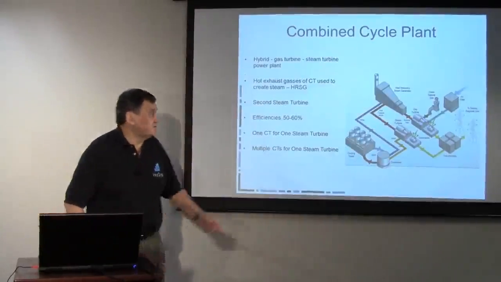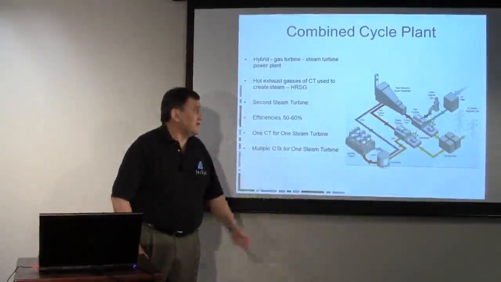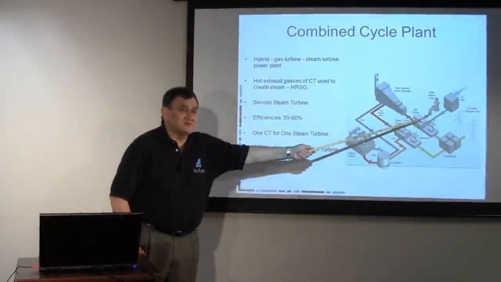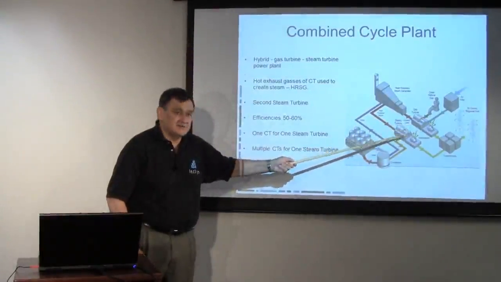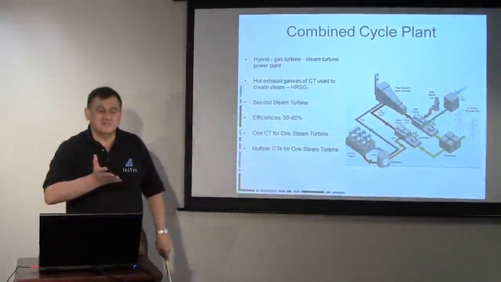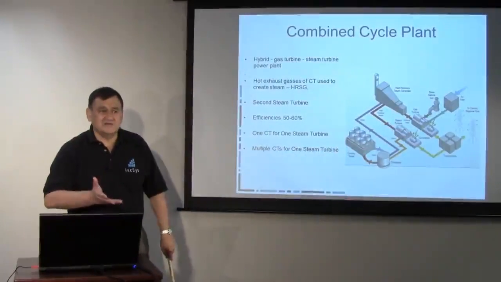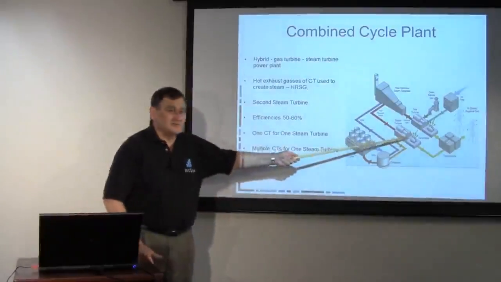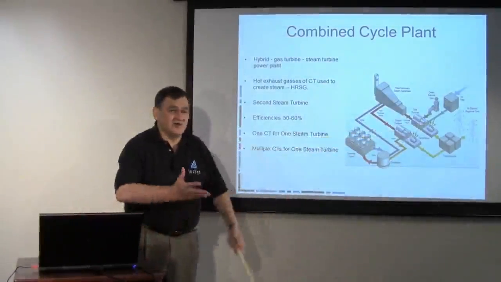And the net result is we actually have two generators. We have the generator being driven by the gas turbine and the generator driven by the steam turbine. And you, of course, as a system operator, have to realize the dependencies. You can't have the steam turbine running unless you have the gas turbine running at a certain level.